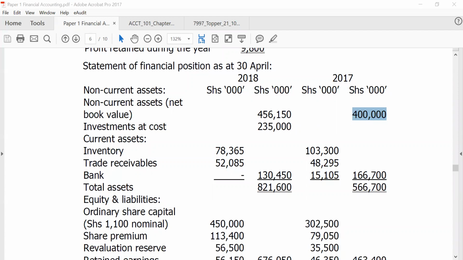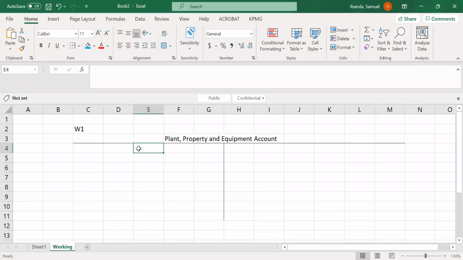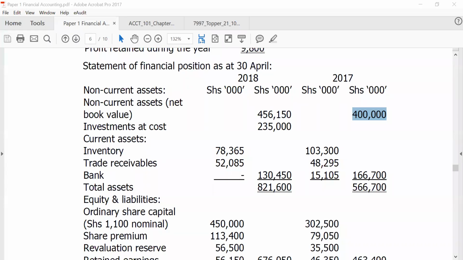So I'll just come here and say, since this is plant, property, and equipment, it has a balance brought down of 400. And one of the things that we also appreciate is that they have given us the balance carried down.